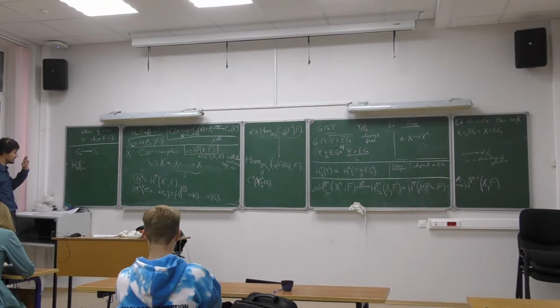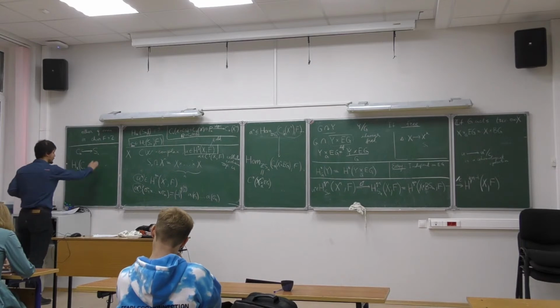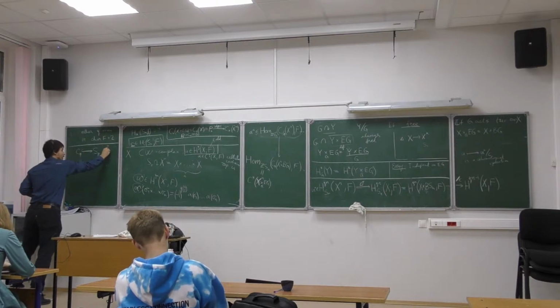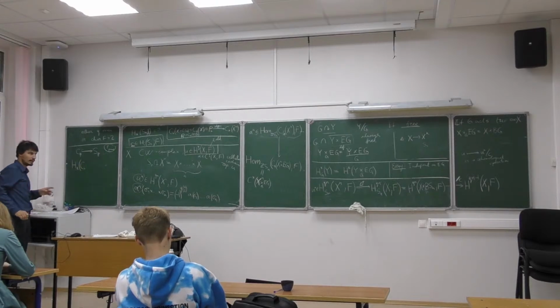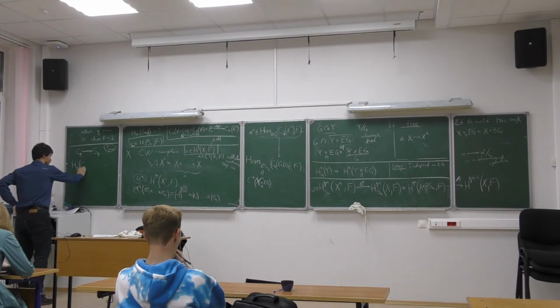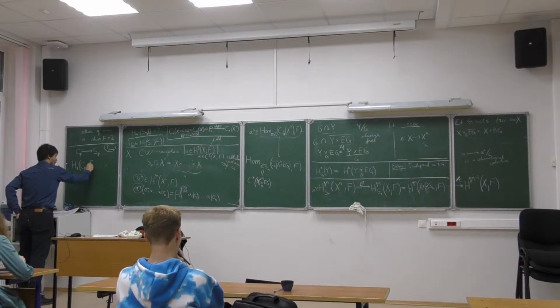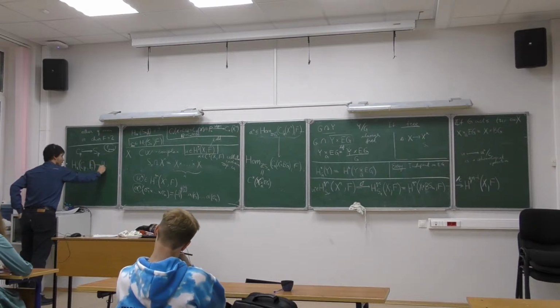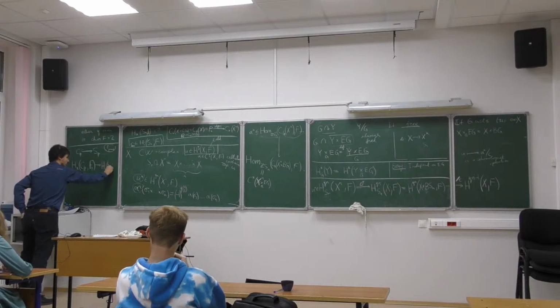Let us consider the simplest possible case. The simplest possible case is that I take a prime P, and I take homology and cohomology with coefficients in Fp, the field of P elements, with the same P. So this is our situation, and of course we have such a homomorphism.